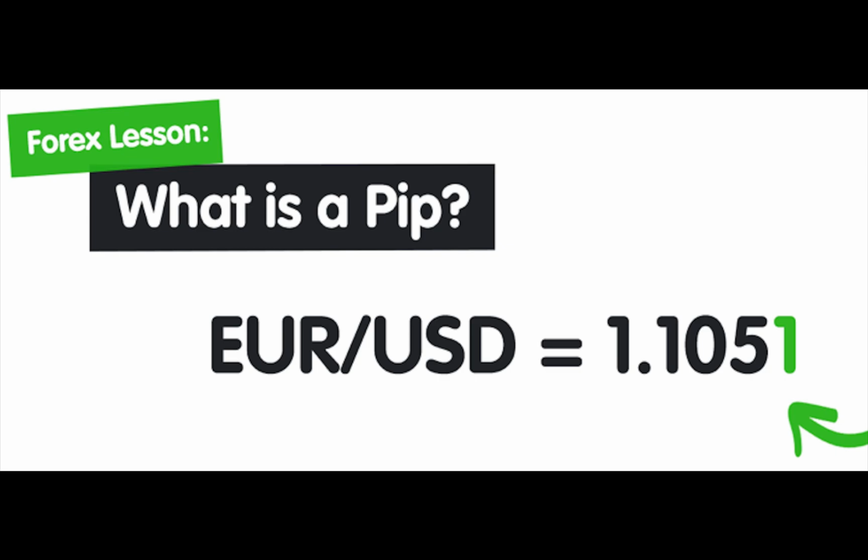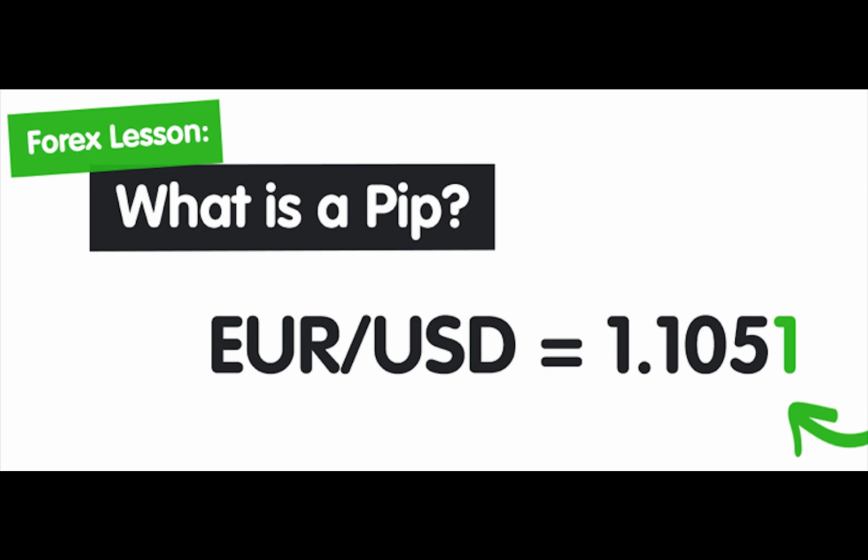The quotes are used to calculate your pips. The pip is the smallest unit that amounts to something in a currency, the smallest unit you can use to determine the profit of the currency you're trading.